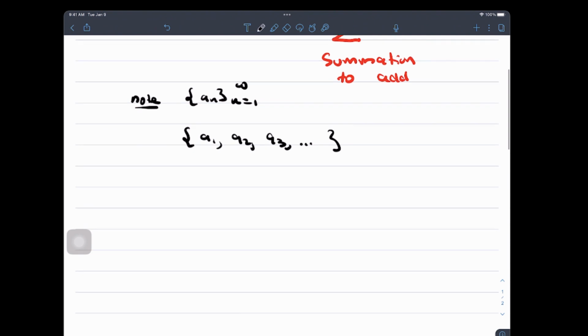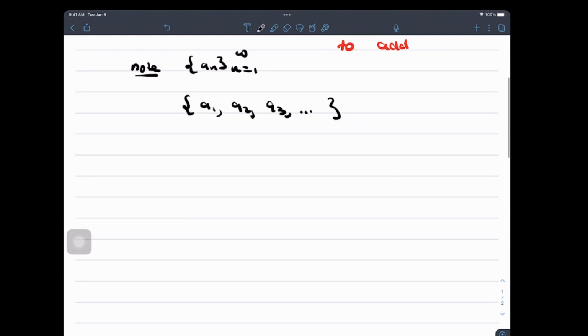Well, we're going to change those commas to a sum. All these commas now get changed to a sum. And what does that look like? Well, it looks like this: A1 plus A2 plus A3.